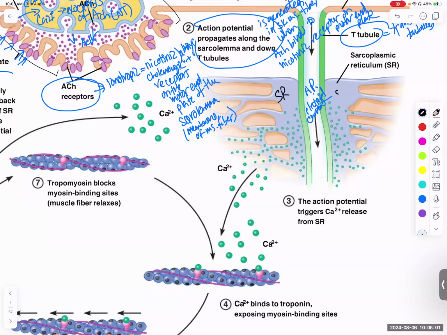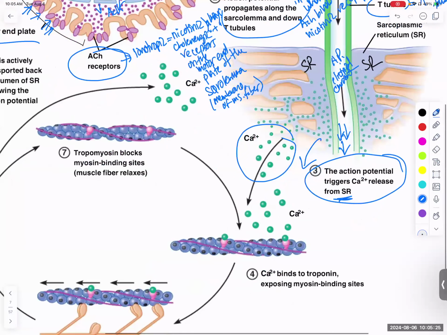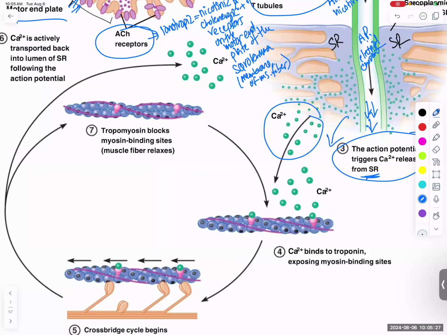So this is the sarcoplasmic reticulum. It's going to open these voltage-gated channels, and calcium's going to be released. So the action potential triggers calcium being released from the sarcoplasmic reticulum. As long as action potentials are coming down the T tubules, calcium's being released. Calcium is now released, and you can start the cross bridge cycle.